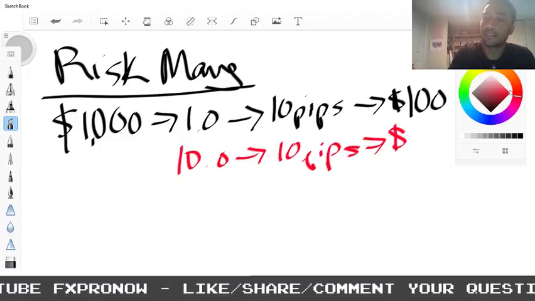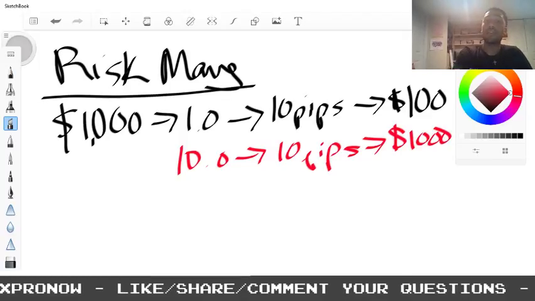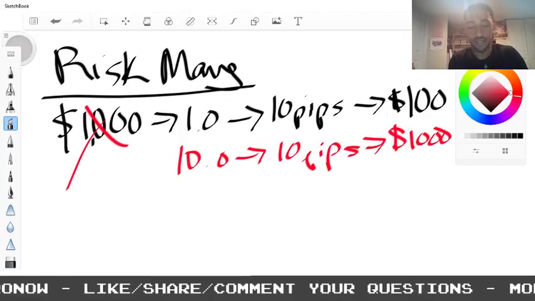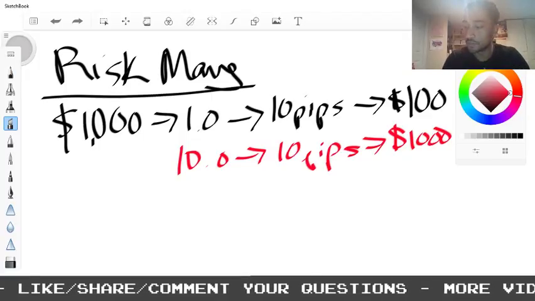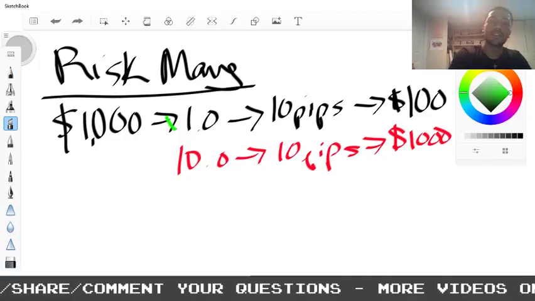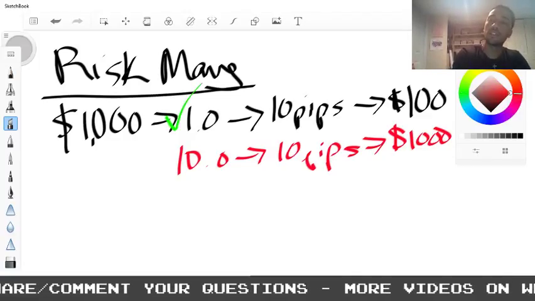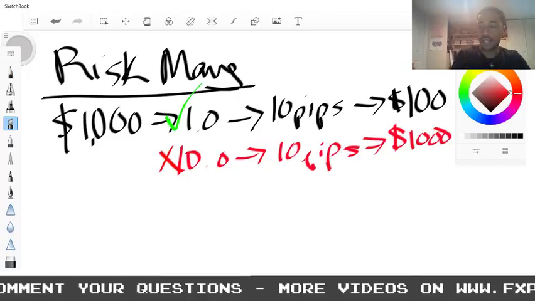Now that $1,000 that you had would be gone, right? And you don't want that. So you want to use proper risk management. That's why it's called that. So this is good and this is bad.